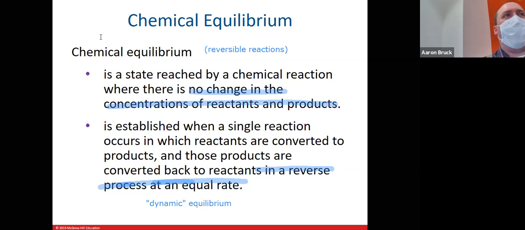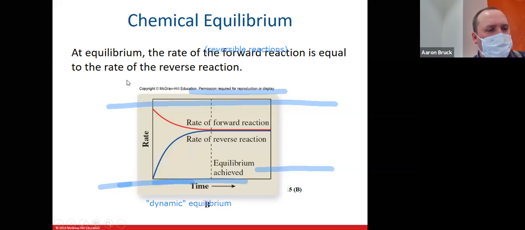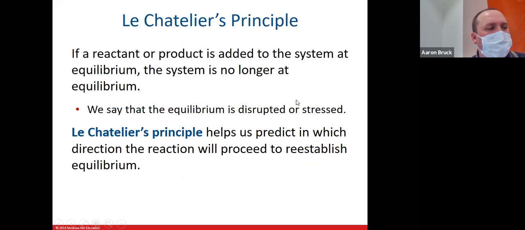And the proof that we have of this dynamic state comes from a concept known as Le Chatelier's Principle. Le Chatelier's Principle tells us that if we are in a state of dynamic equilibrium and we introduce some kind of external stress to that system that knocks it out of equilibrium, it will reset to get back to equilibrium.